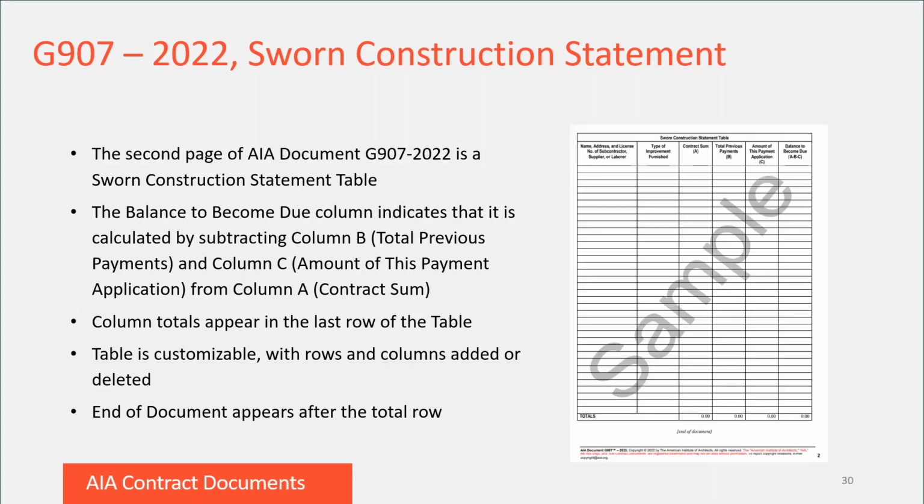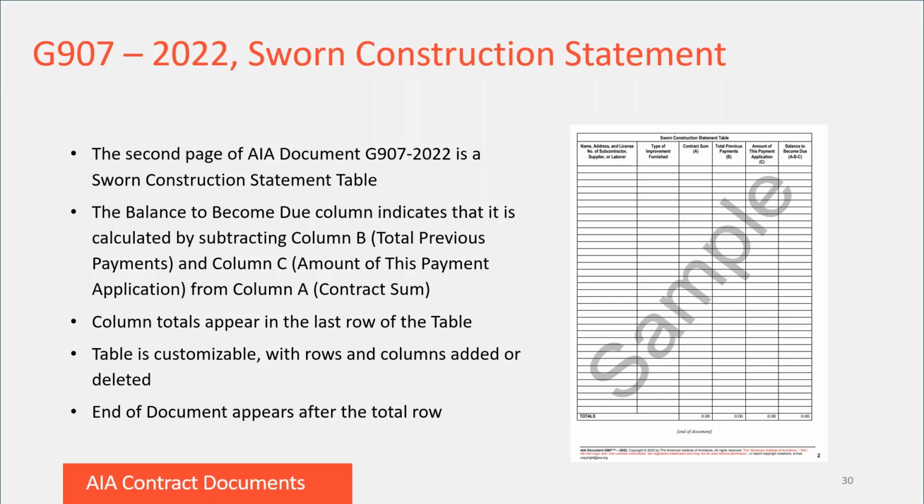The second page of the G907 contains the sworn construction statement table that I referred to in the previous slide. This table contains columns for the name, address, and license number of subs, suppliers, or laborers, the type of improvement furnished, the contract sum, total previous payments made, amount requested under this payment application, and balance to become due.